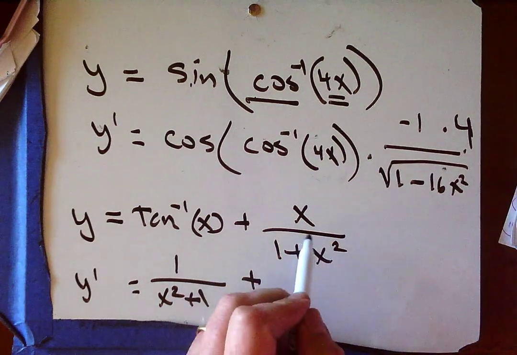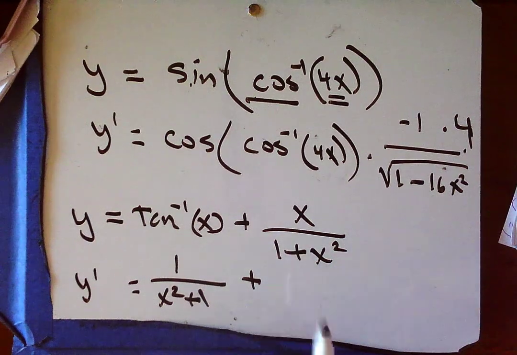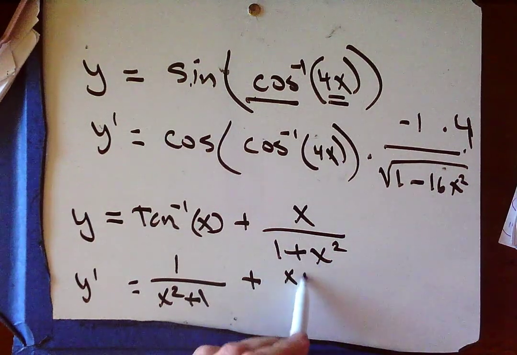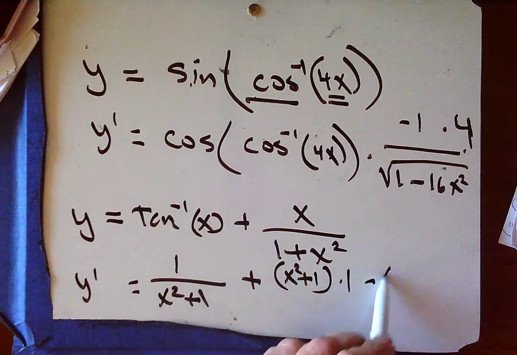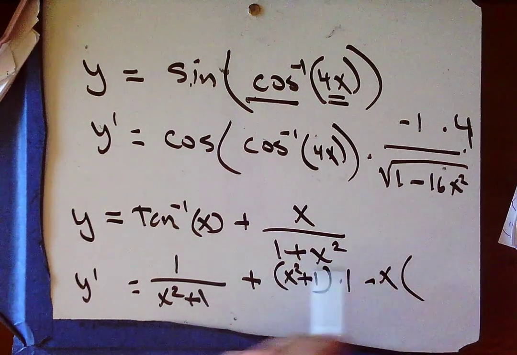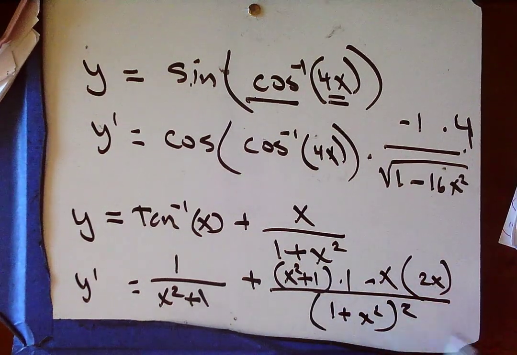And the derivative of this, wow, how do I do the derivative of this? That's right, quotient rule. Low d high minus high d low. The derivative of this is just 2x all over low squared.